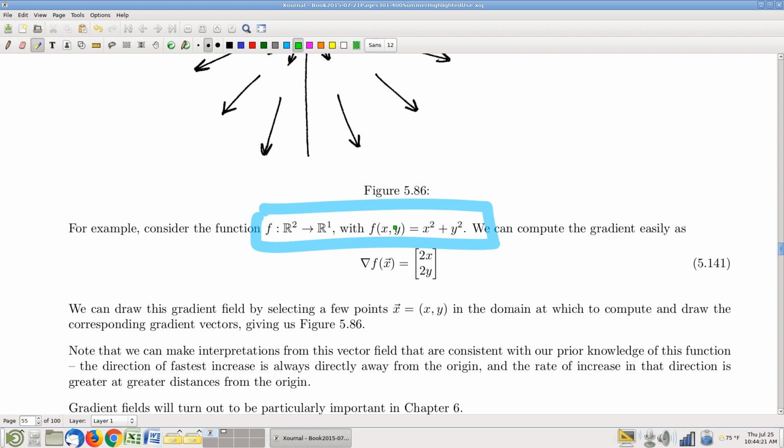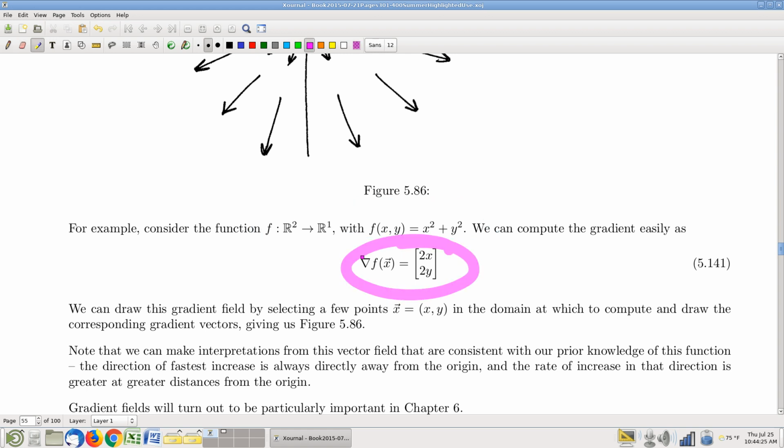And here's the very familiar formula for the gradient. Y'all remember how to compute gradients? And check it out. It's a vector field. For every point in the domain, x, y, I get a formula here for how to compute that vector called the gradient vector.